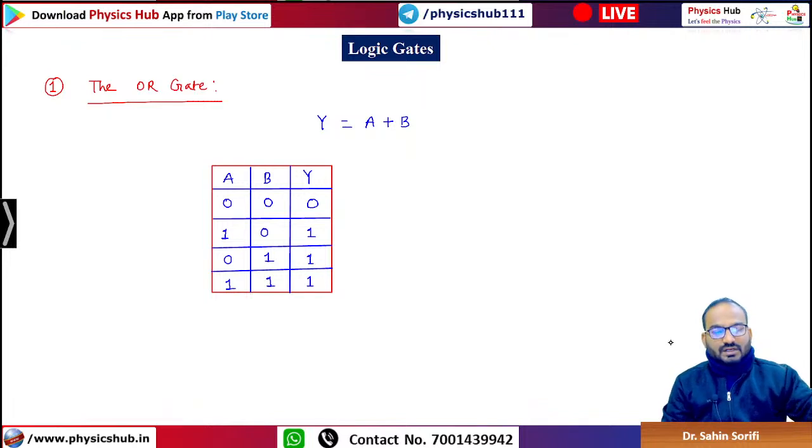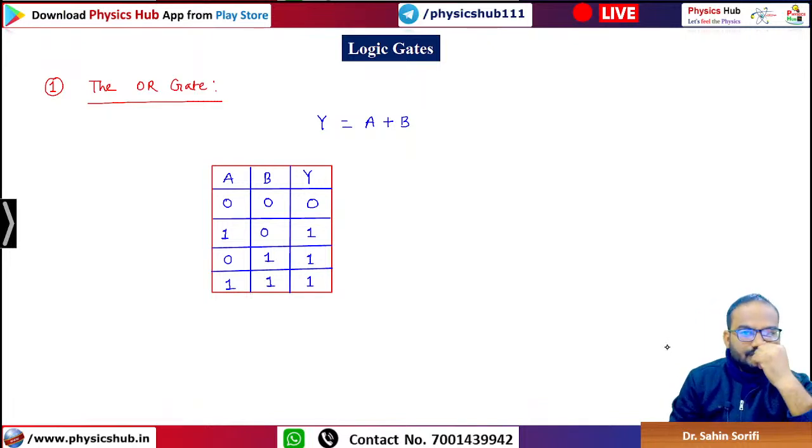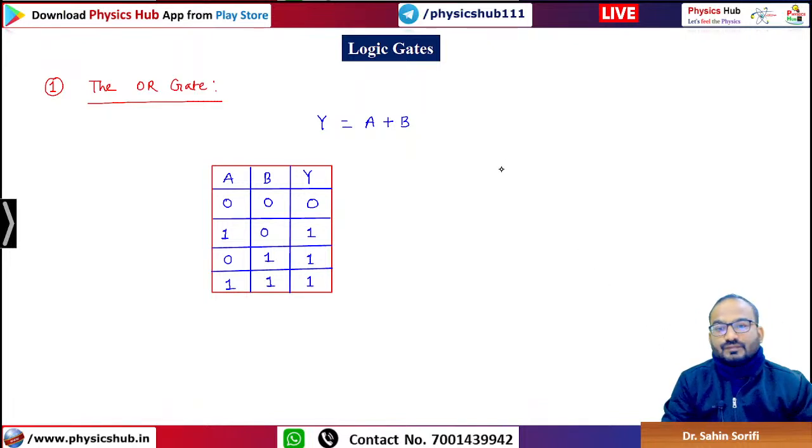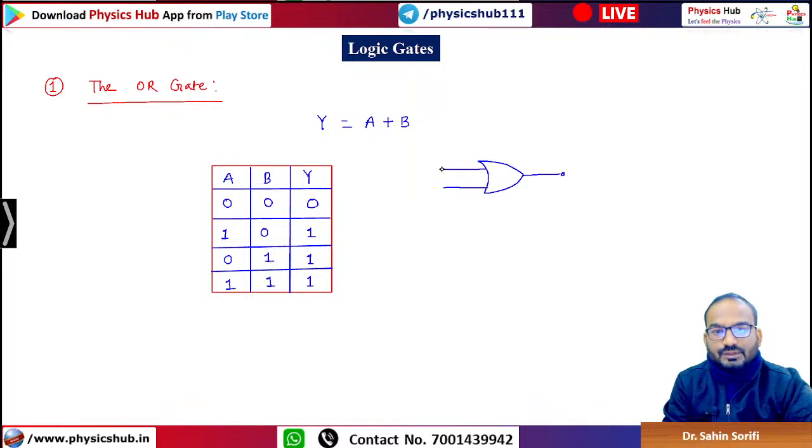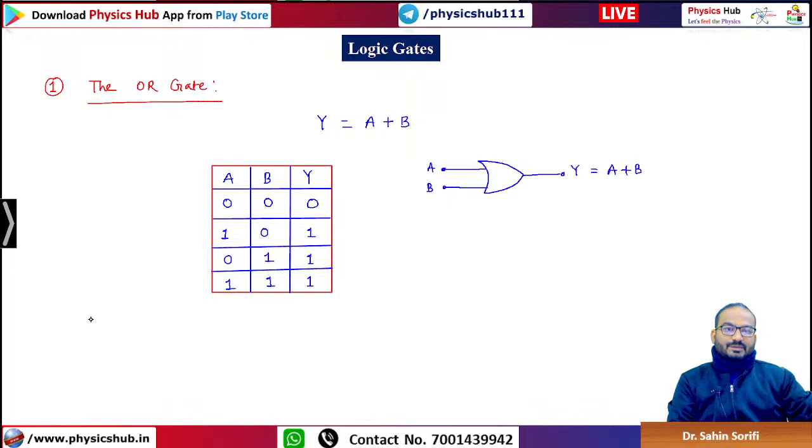Now, how does this OR gate look like? You know it. It looks like this. We give two inputs, A and B, and you get Y is equal to A plus B. So this is pretty much about the OR gate.